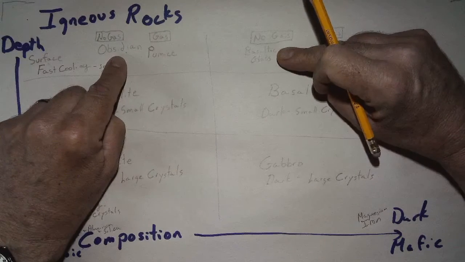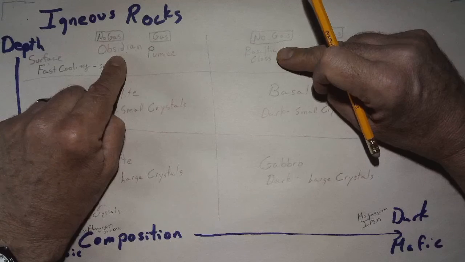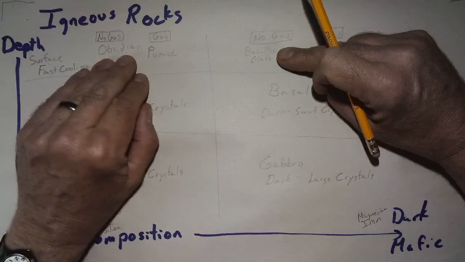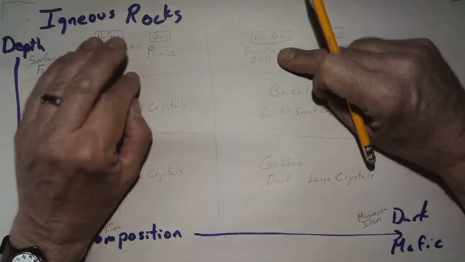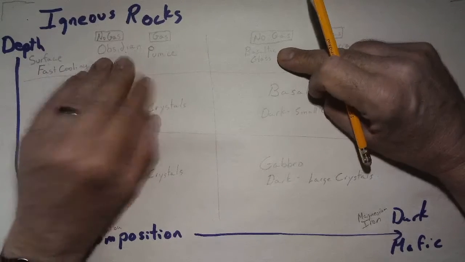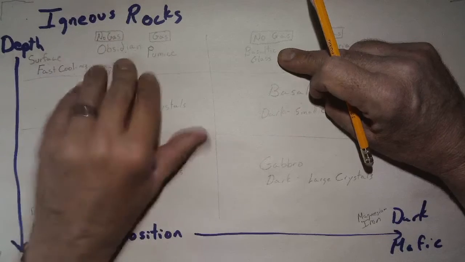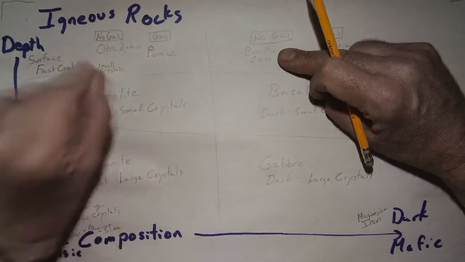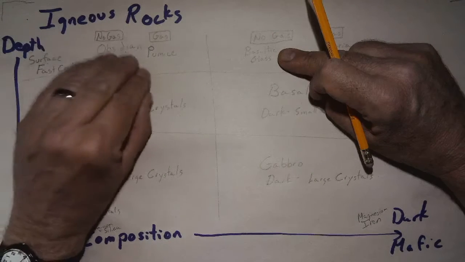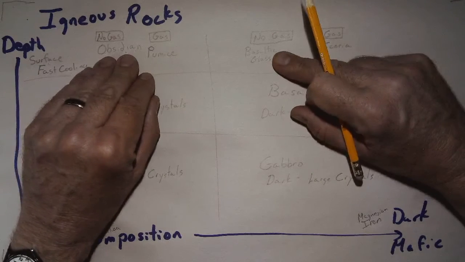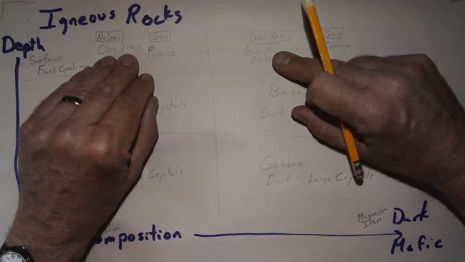They're both going to look dark. The reason? A tiny bit of impurity will darken glass very, very much. So you don't need much of a little bit of mafic stuff. So even though this might be technically a felsic composition, that little tiny bits of extra mafic stuff will make this look dark. So obsidian and basaltic glass, very hard to tell the difference between, because they both are glass, they both look dark.